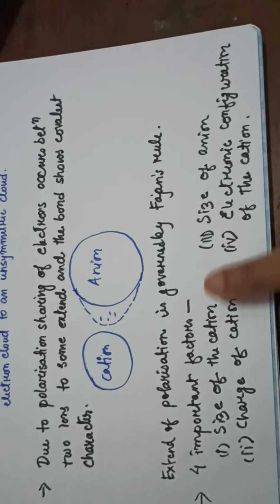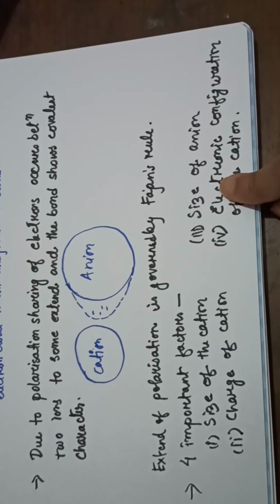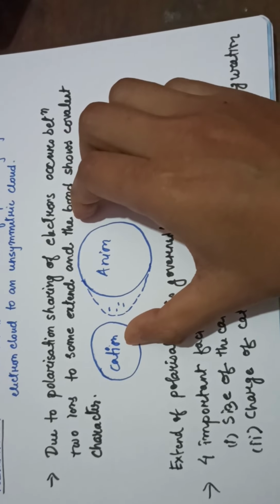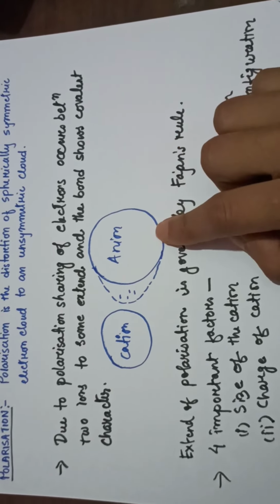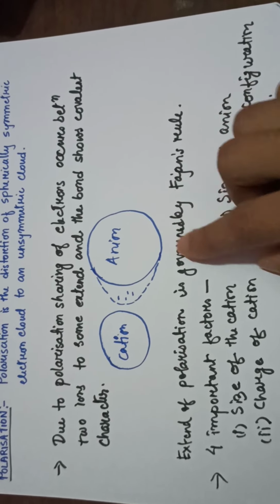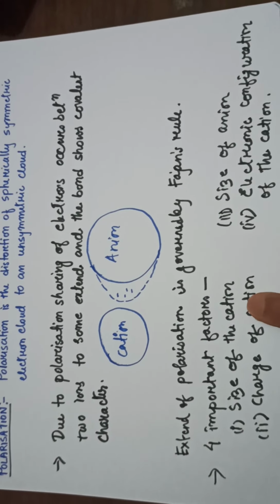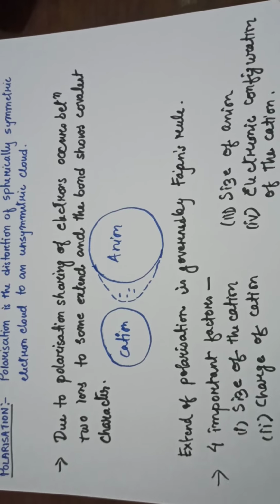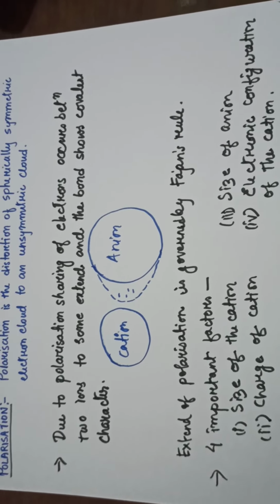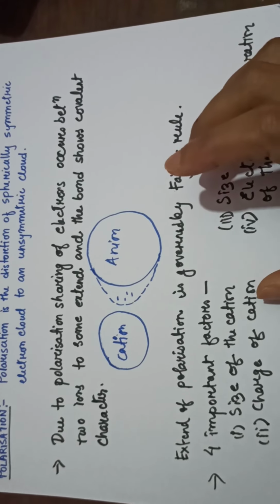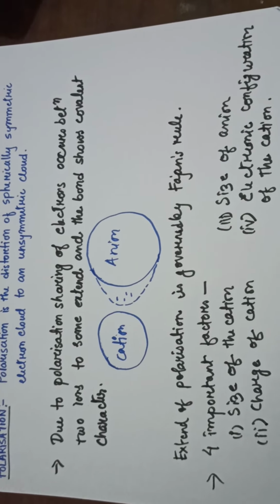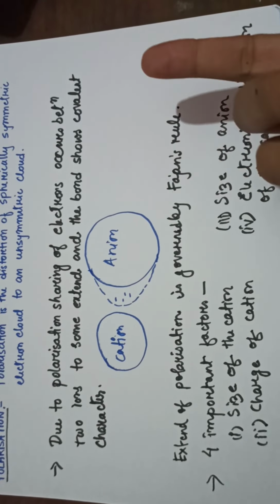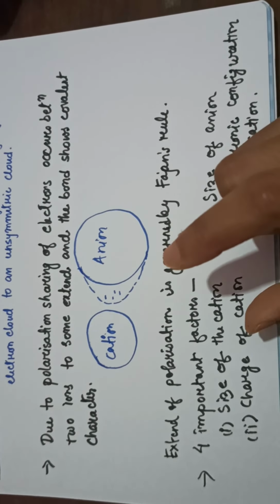So these four factors will decide up to what extent the polarization is taking place in any ionic compound. And with the help of these four important factors, we can say whether the ionic compound has covalent character or not.